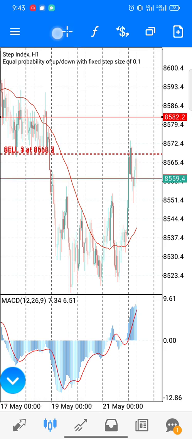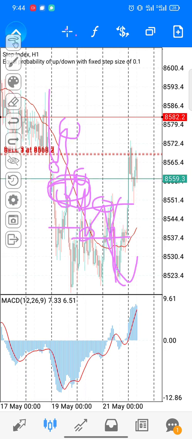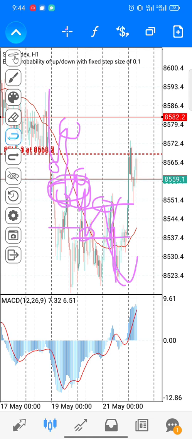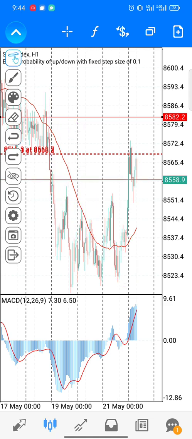After seeing this, let me clear this up, guys. After seeing this very long bearish engulfing candle, I knew that the market was going to reverse to the downside, and then the market went up again for a retest, unable to break through.